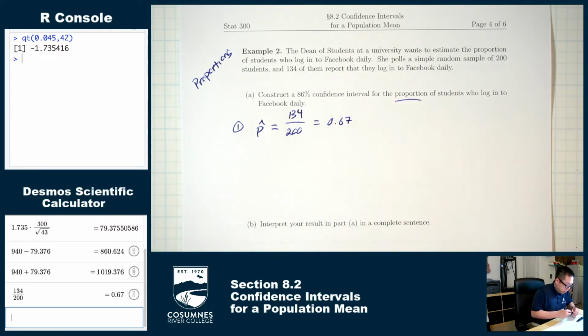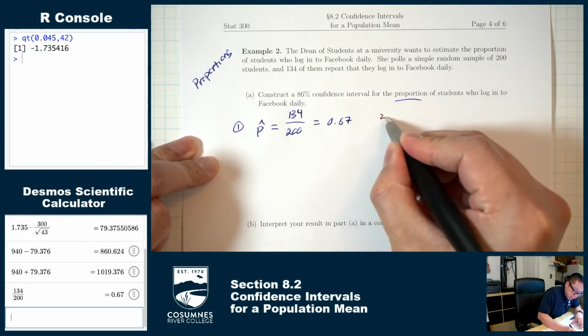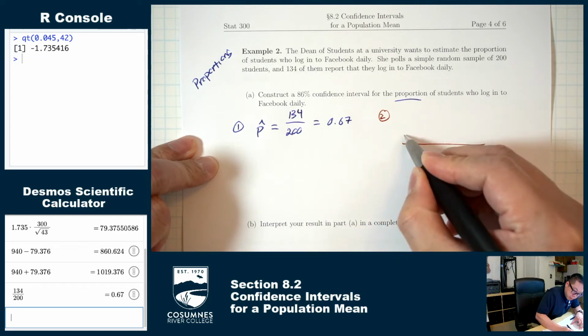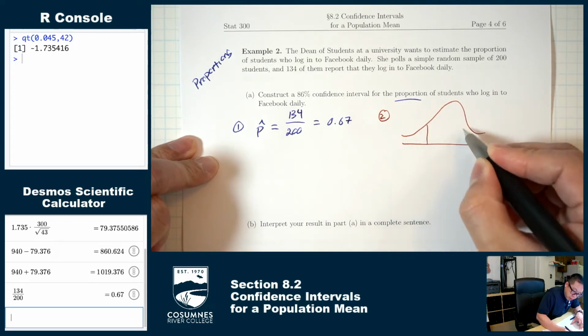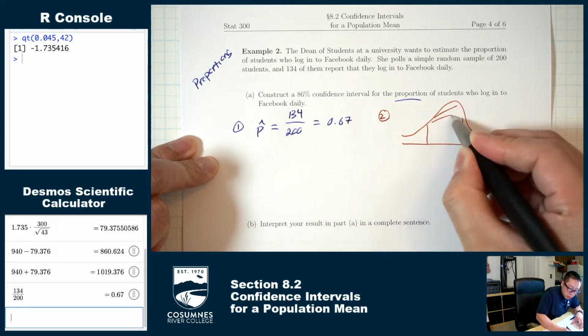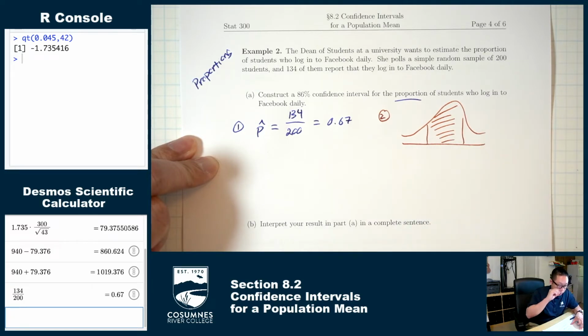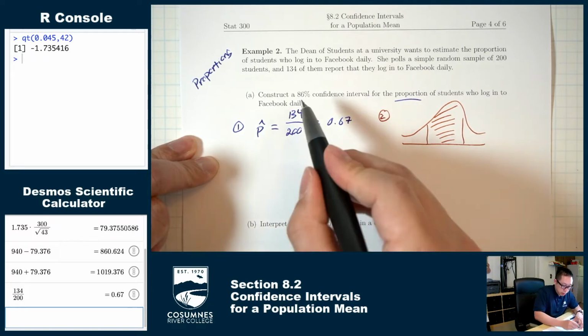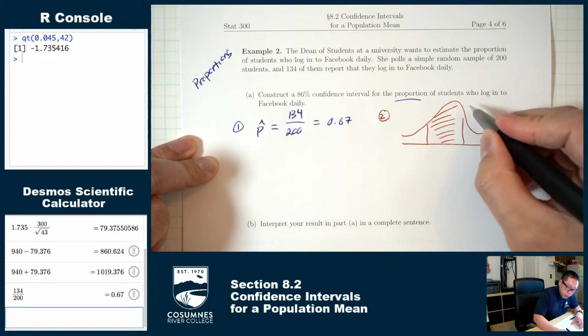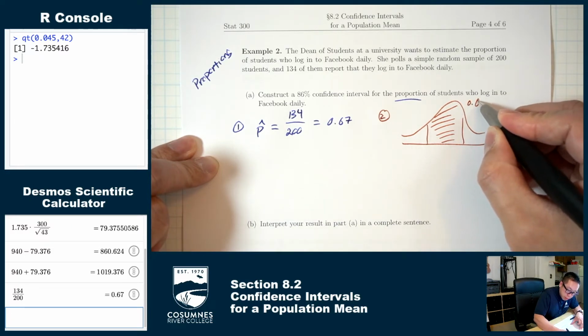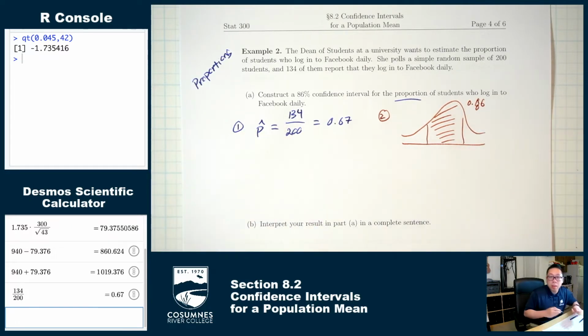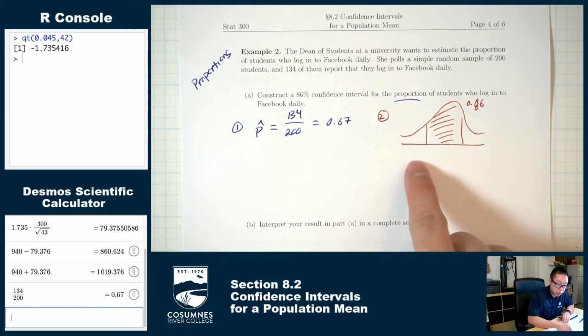And then step 2. Step 2 involves this picture. And the area in the middle is the confidence level. What's our confidence level here? 86% confident. That's 0.86. And then we're either looking for Z stars or T stars.